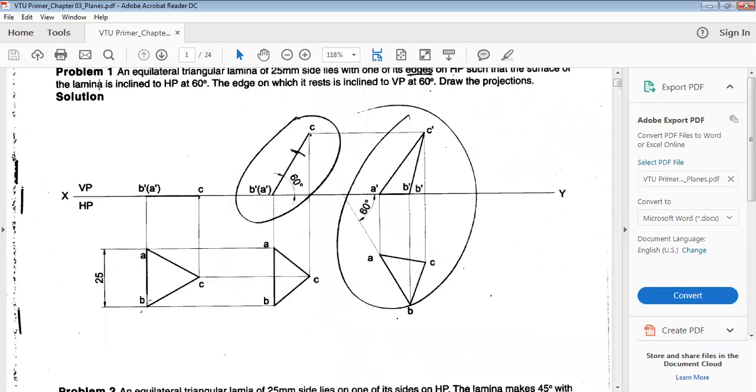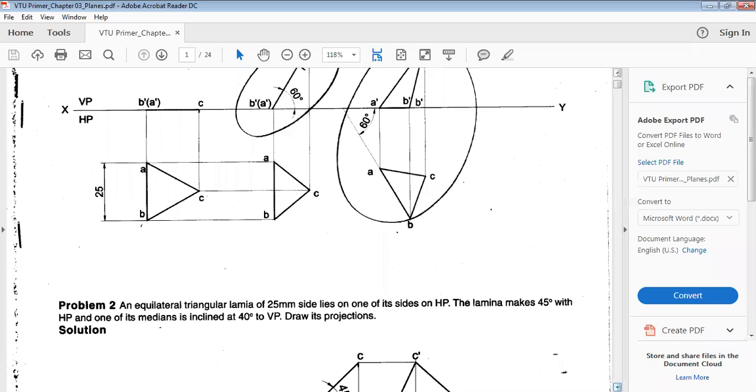This AB was a surface of this, right? So this AB was making inclination with respect to HP and with respect to VP. You can notice here, A dash B dash is making inclination with HP. AB is the side of the lamina, or the edge, resting on this VP line. Hope it is clear.